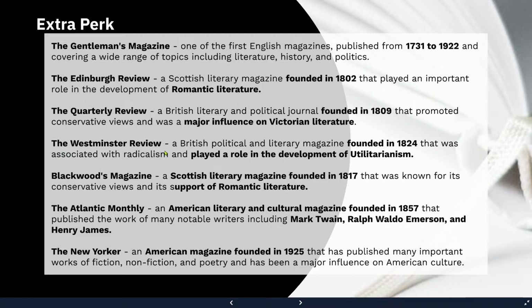Again, the Westminster Review. It is also a British political and literary magazine which was founded in 1832, and it was associated with radicalism and played an important role in the development of utilitarianism. So Blackwood's Magazine. It is also a magazine related to romantic literature, and it is a Scottish literary magazine founded in 1817.